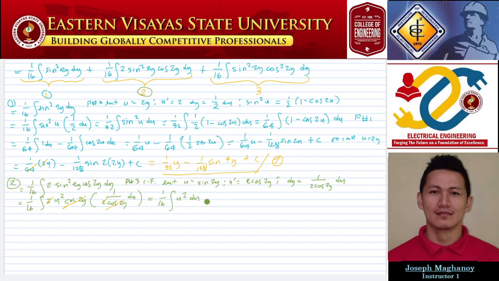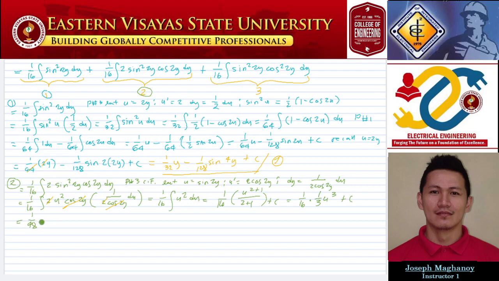Okay, so now we can use our power formula. If we use our power formula, that is 1 over 16 quantity u to the 2 plus 1 all over 2 plus 1 plus c, that is 1 over 16 times 1/3 u raised to 3 plus c. Okay, so 1 over 16 times 1/3, that is 1 over 48.